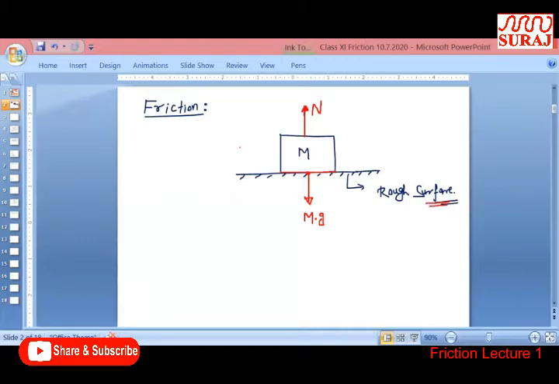And now I will apply a force F, which varies with time. F equals kt. This is an applied force, the force which is applied on the block.